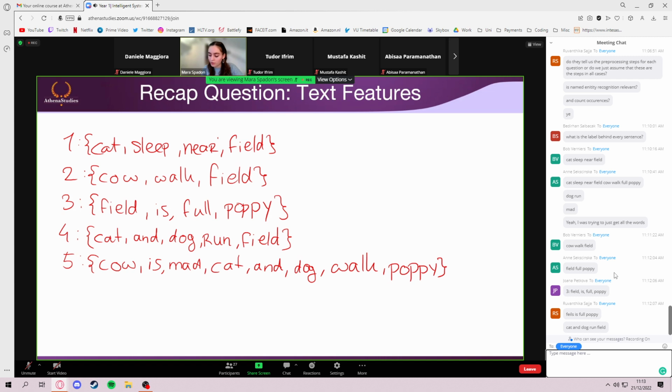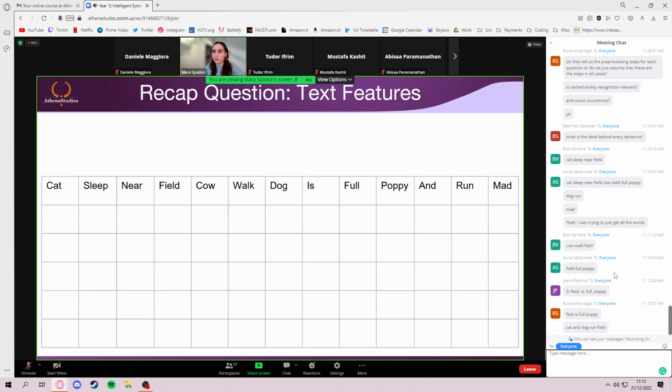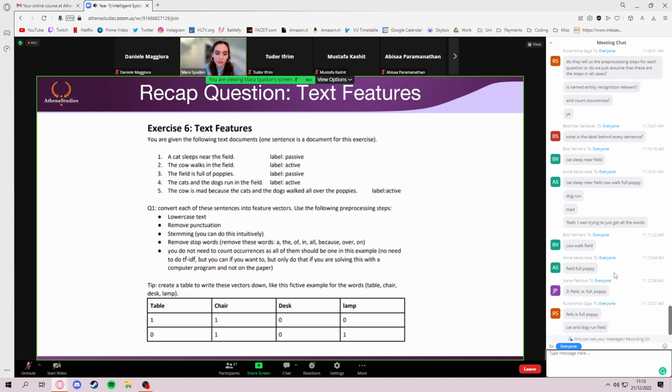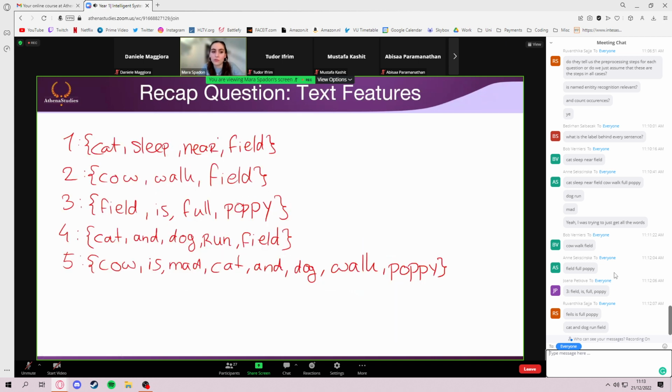to get all of the words that we have. I want to put them into this table, because as you see here, create a table to write these vectors down. Like this example, you just insert zeros and ones whenever they are or they are not in the sentence. So for this first one, we have cats sleep near field.